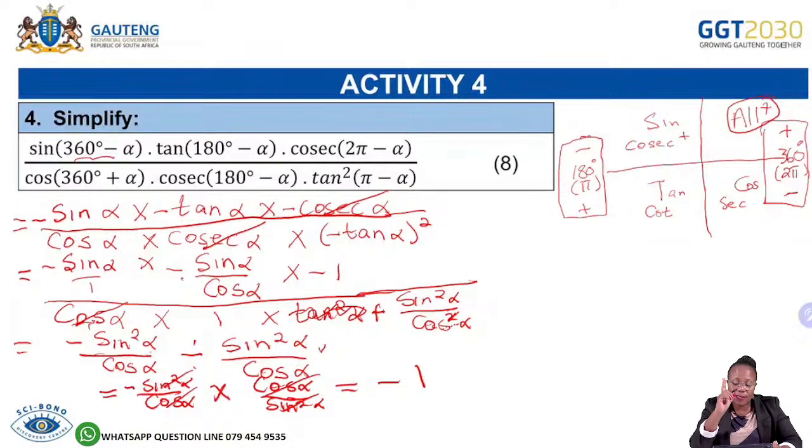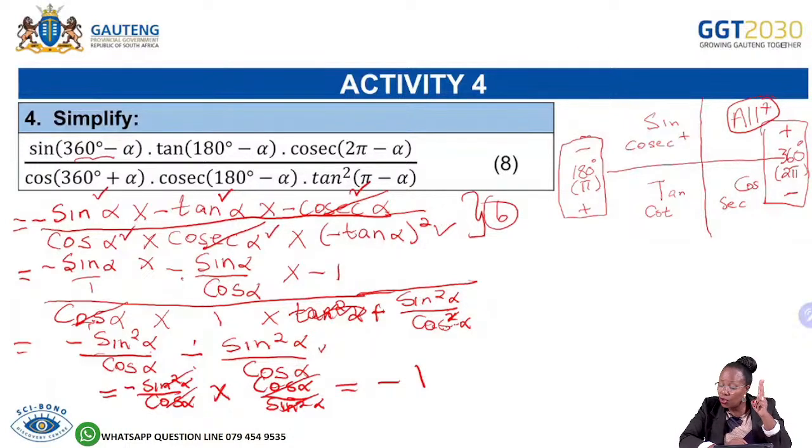And then let's look at the mark allocation now. For this particular, it will be minus sine alpha, minus tan alpha, minus cosec alpha, cos alpha, mark number 4, cosec alpha, number 5, and then the negative tan alpha squared. Then at this step, only grade 12, we are having 6 marks out of 8.